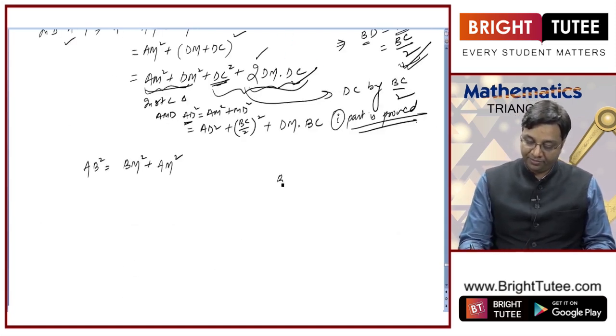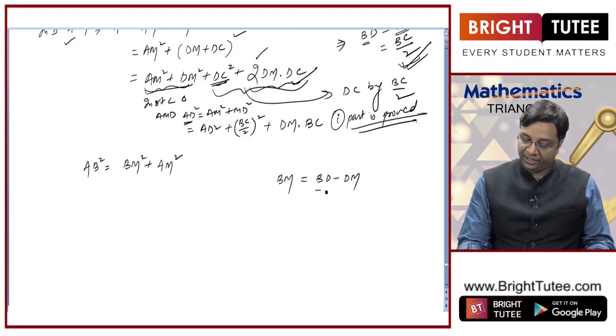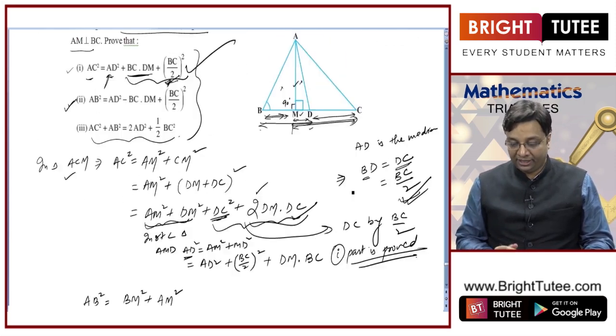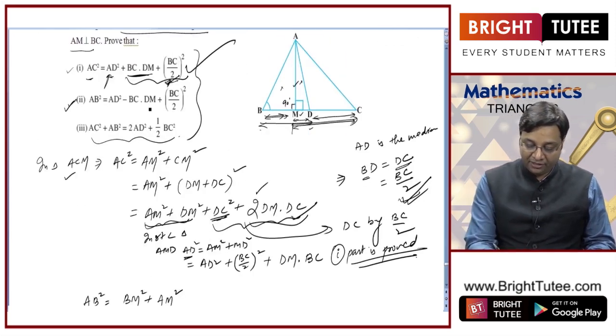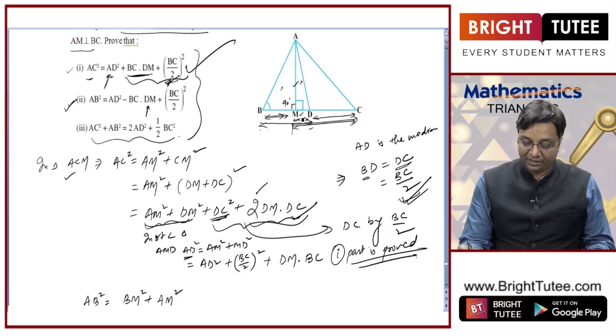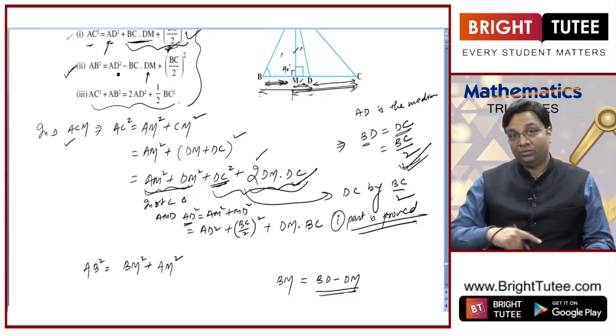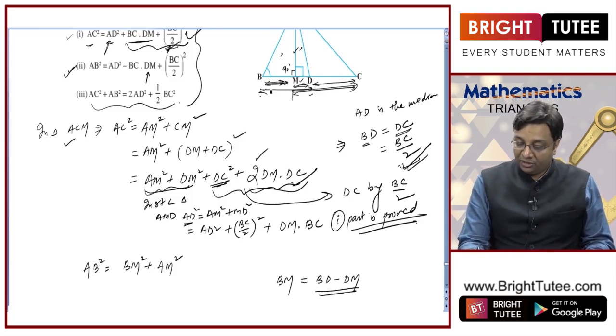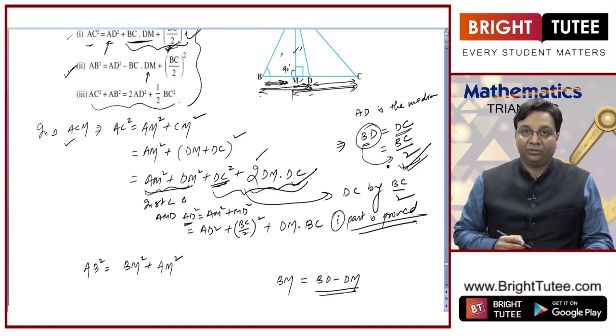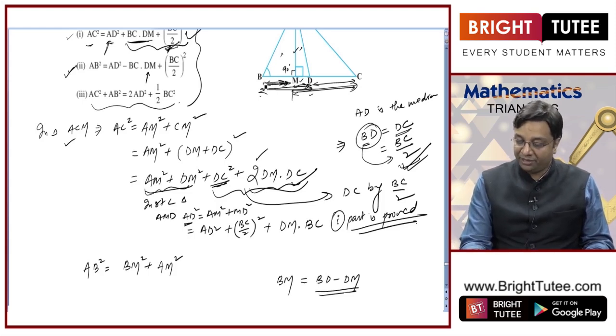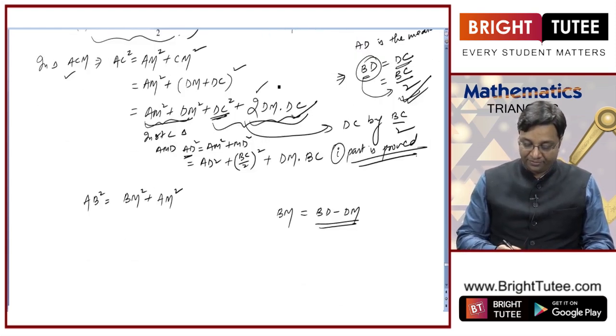So BM is equal to BD minus DM. Why am I manipulating it like this? Because I require DM in my final result, but I do not require BM. So I will convert it into BC somehow. How? If I know BD, BD can be simply replaced by BC by 2. So that is why I am breaking BM into BD minus DM.